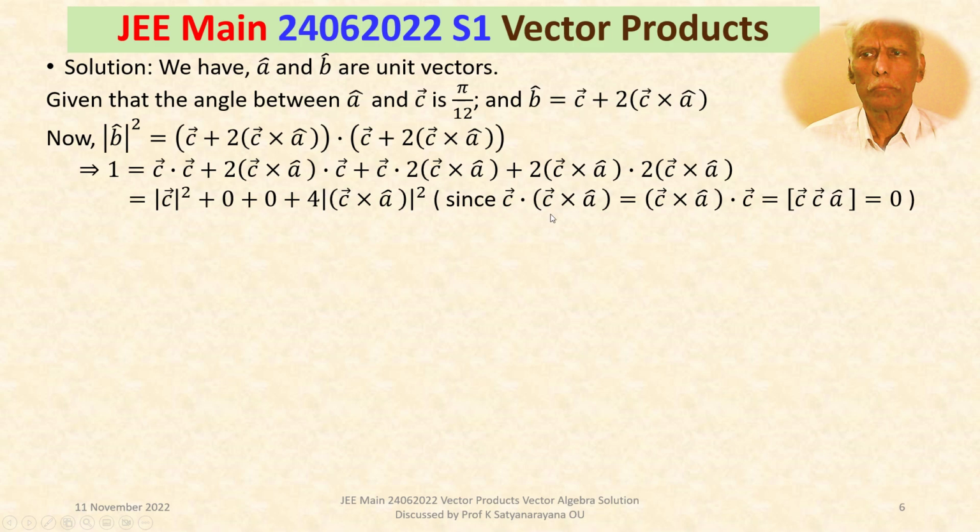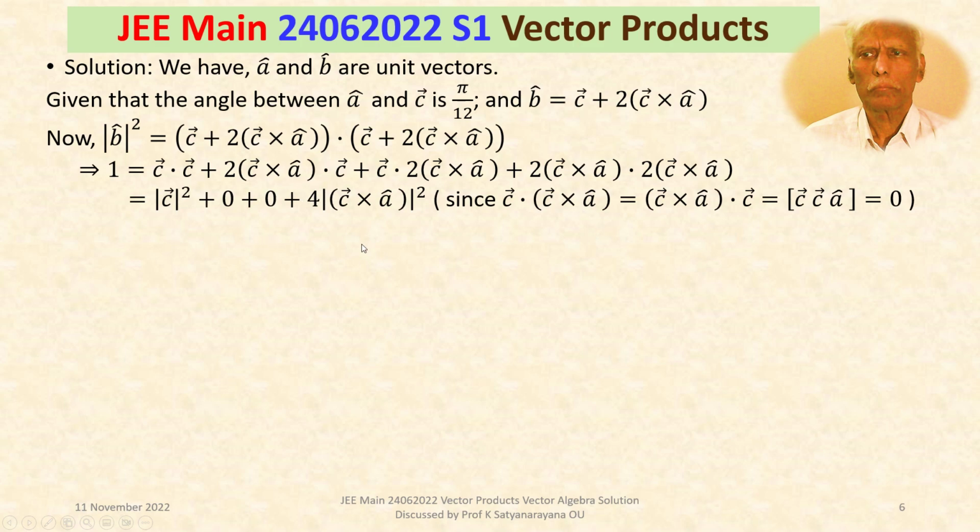C bar dot C bar cross A, the dot product is commutative, and this is none other than the scalar triple product of C, C, A, and two vectors are equal, and therefore in its determinant two rows will be equal, and thereby the determinant becomes 0. So 0, 0.